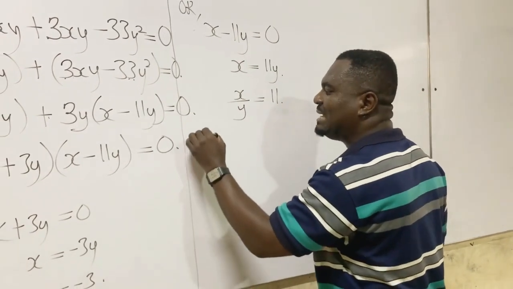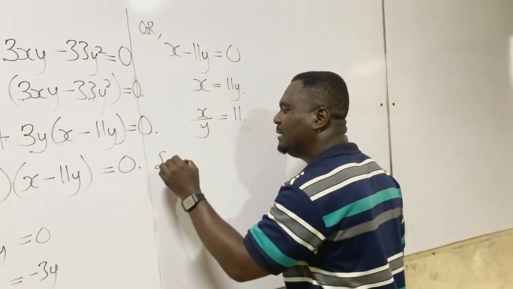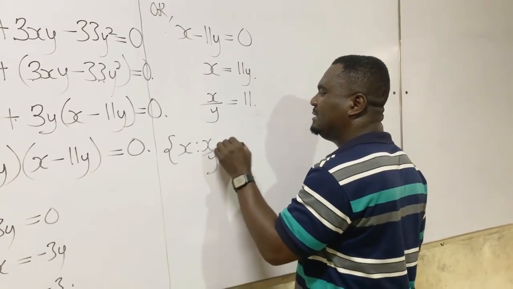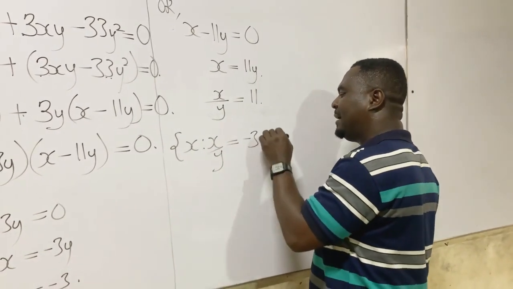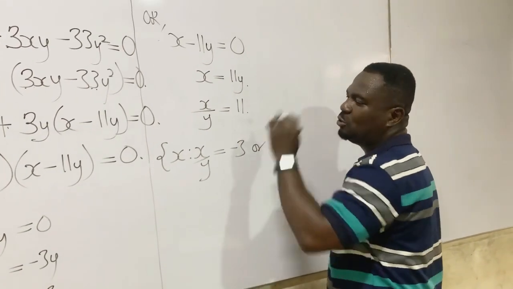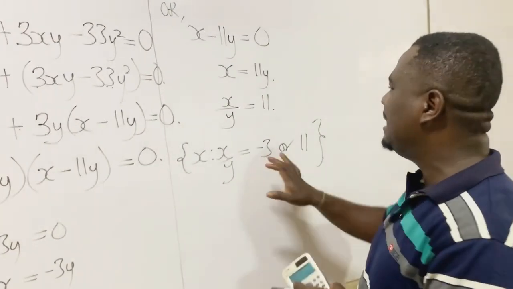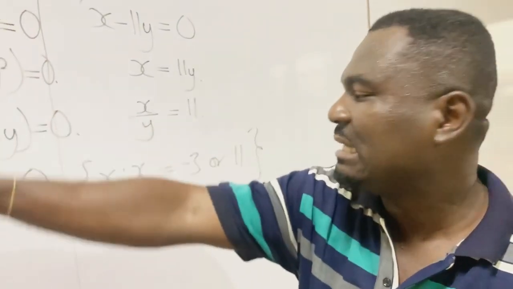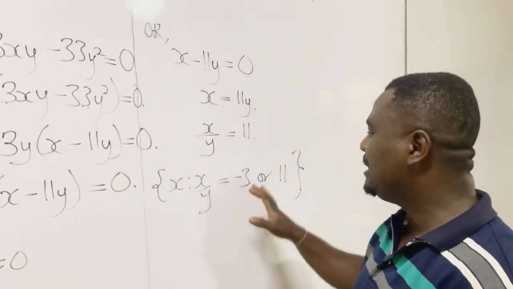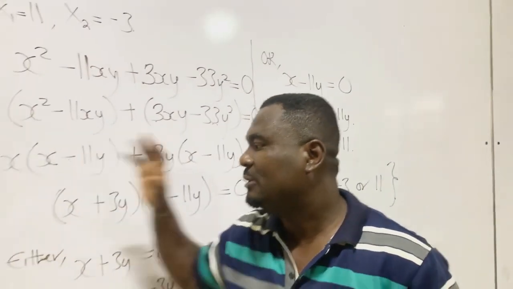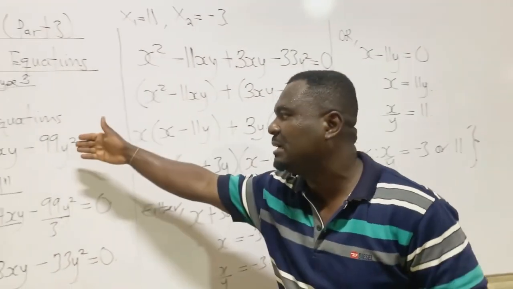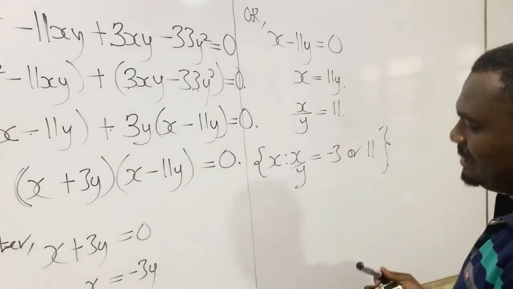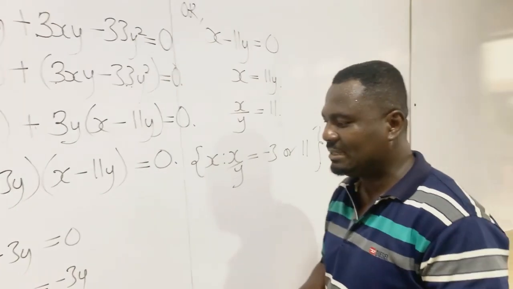So the solution set or the truth set is going to be S is such that x on y is giving you -3 or 11 as your solution. So it tells you that these are the only two x on y that can satisfy this. These are the only real numbers that can satisfy this, return as 0.